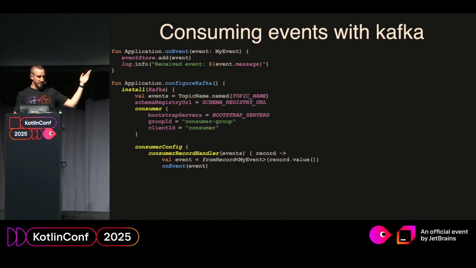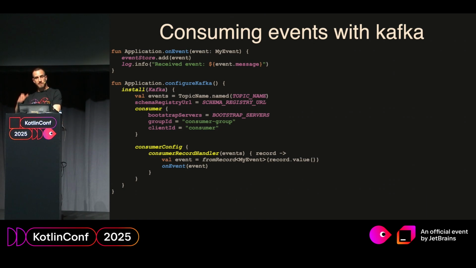And this is using Avro4K in the background. All of this is done by the plugin and abstracted away. And then we call our onEvent function. OK, so now we have a consumer and the producer that communicate events between them using Kafka.